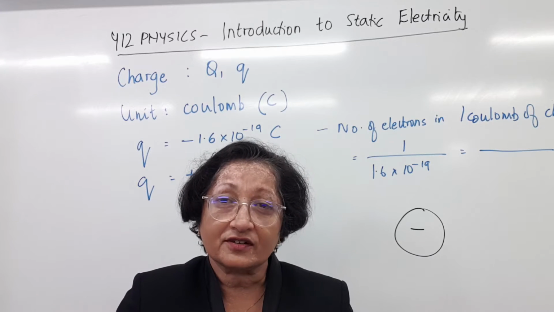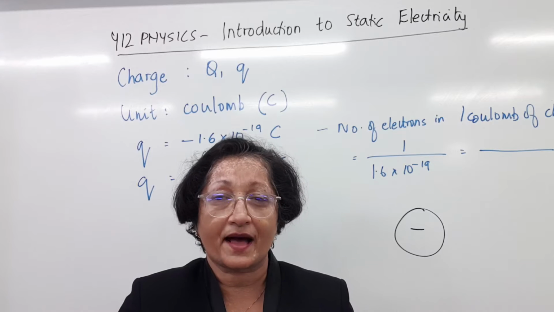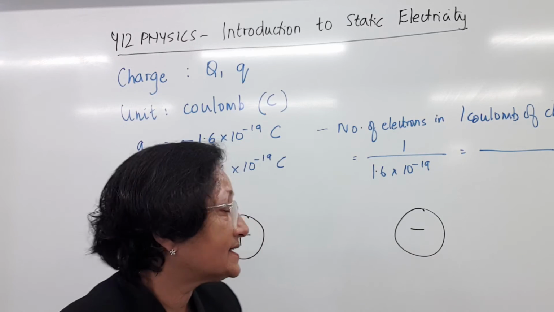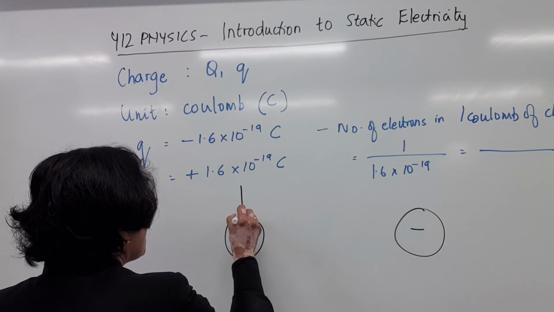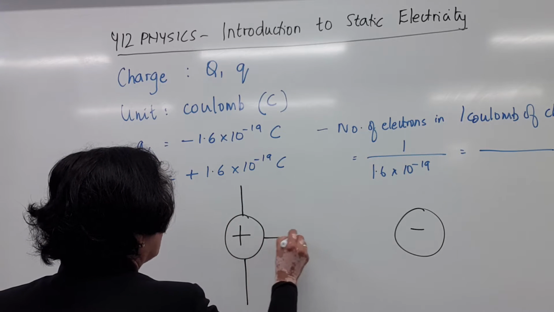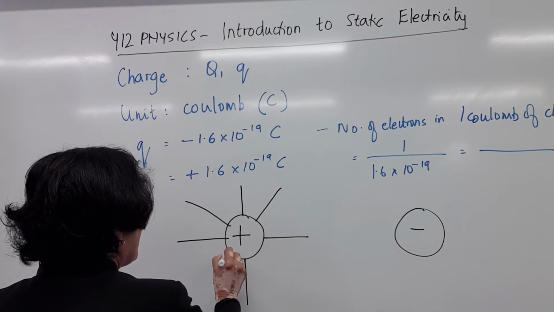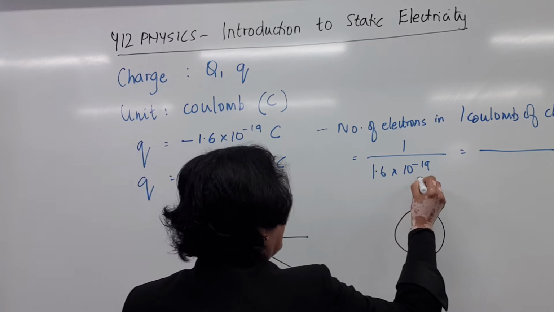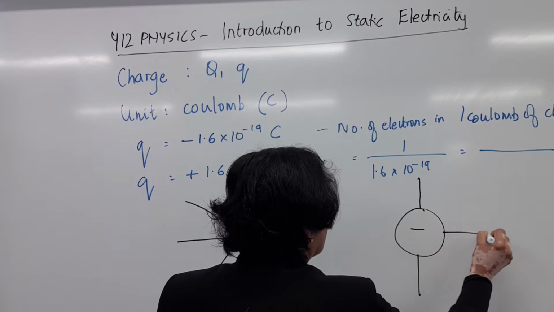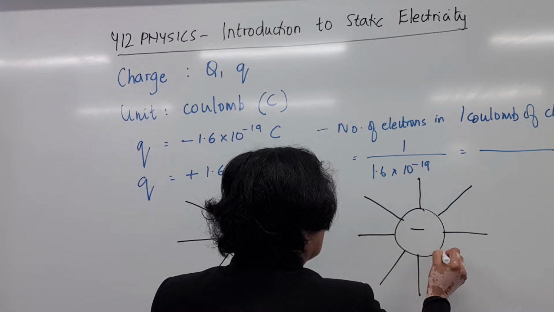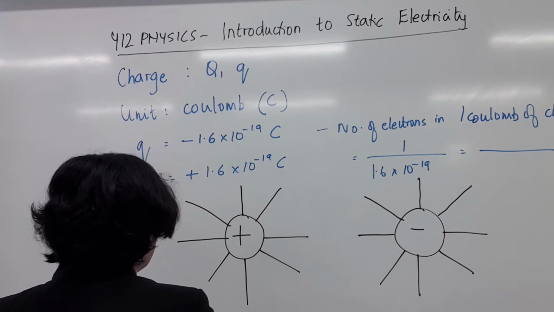And electric field is represented by what we call field lines. Now field lines are drawn to show the direction of the electric field, and it's actually radial around a point charge. So they kind of look the same, but the difference is the direction in which they go.